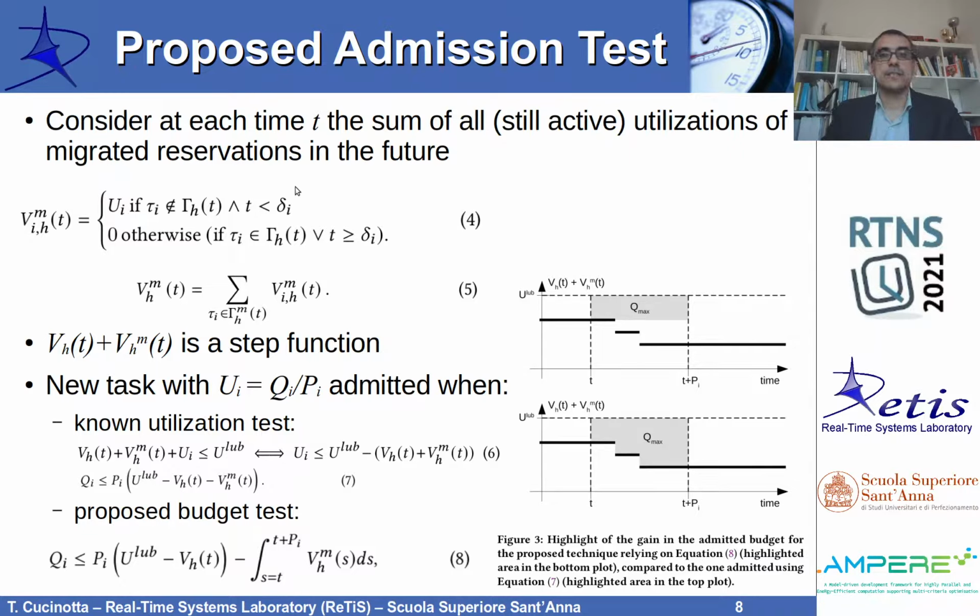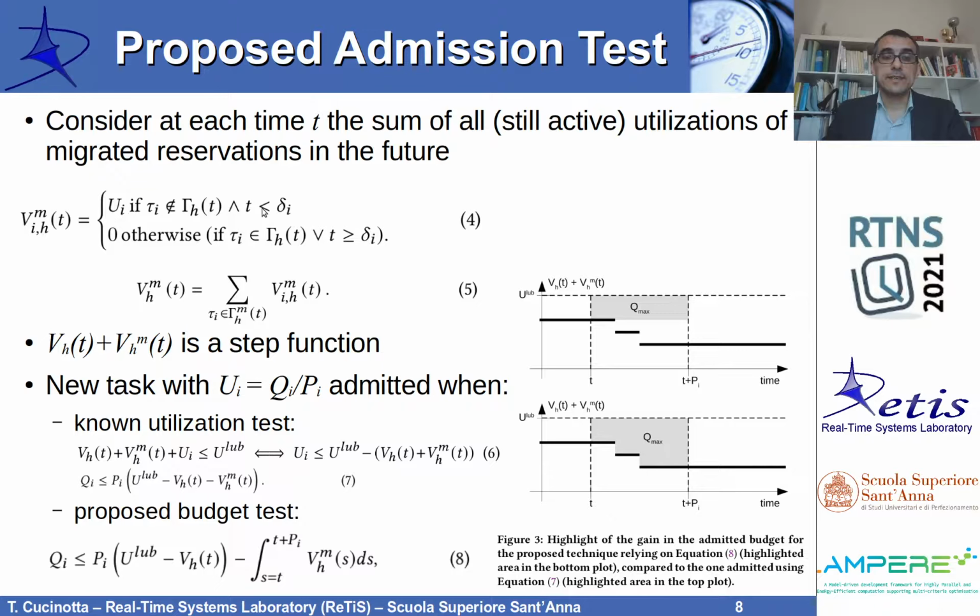So let's get to the details. If we consider at each time t the sum of all still active utilizations of migrated reservations, this can individually be modeled as a step function, V_iH^M(t), that keeps remembering the utilization U_i of task tau_i until time delta_i, which is the zero lag time for the task.